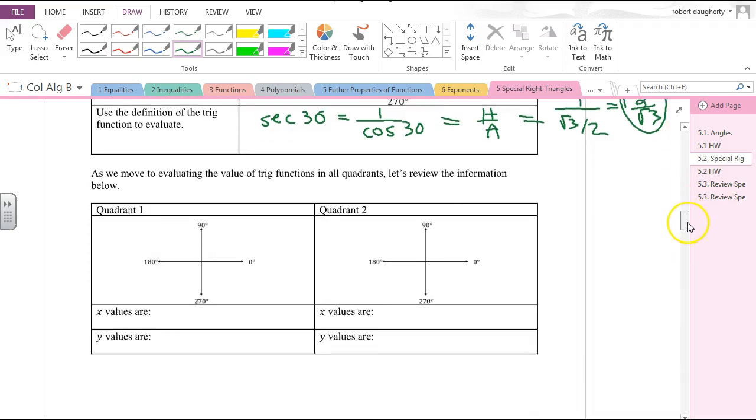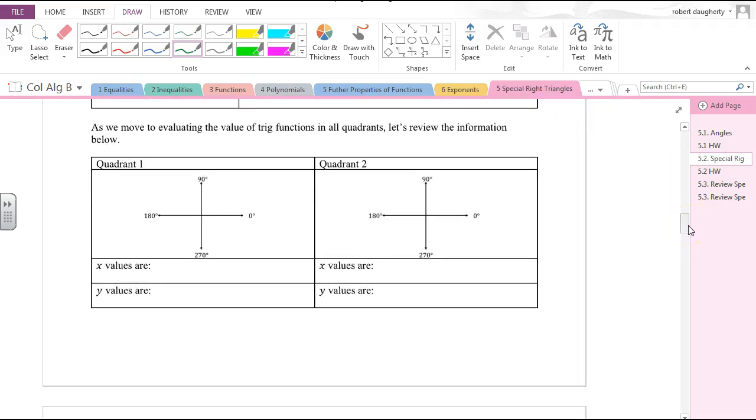So let's have some more practice with those. Now, before we do that, let's talk about what these triangles are going to look like when the angles end up in different areas, okay? Suppose this triangle ends up in the first quadrant. So this is my x-axis, this is my y-axis. To get to where this right angle is, these x values are positive or negative?